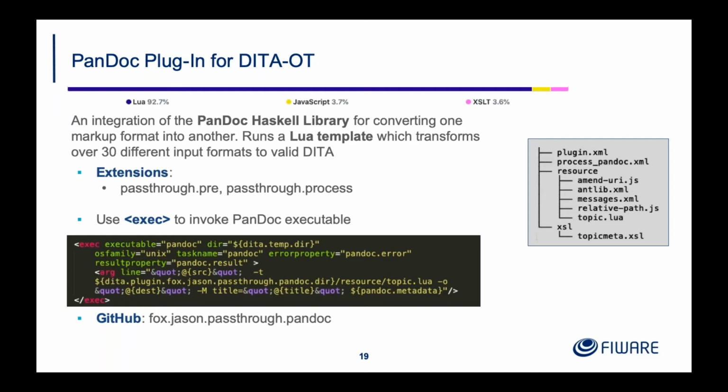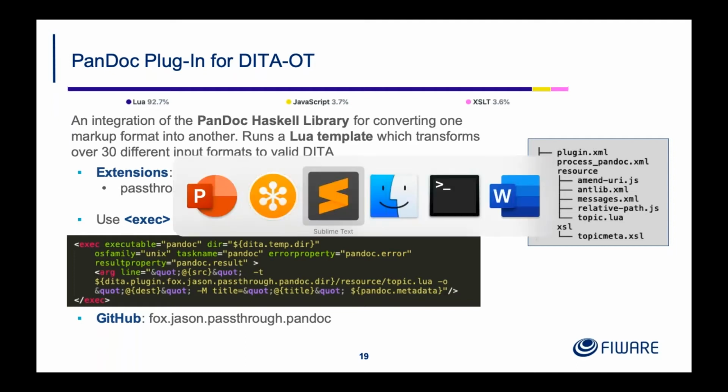Inside, it is iterating, which is why you've got that little bit of JavaScript around each input file, and then it reads any metadata to make sure the metadata gets processed, because obviously you can't put the DITA metadata into a Word file, and then it executes pandoc using the command line shown below.